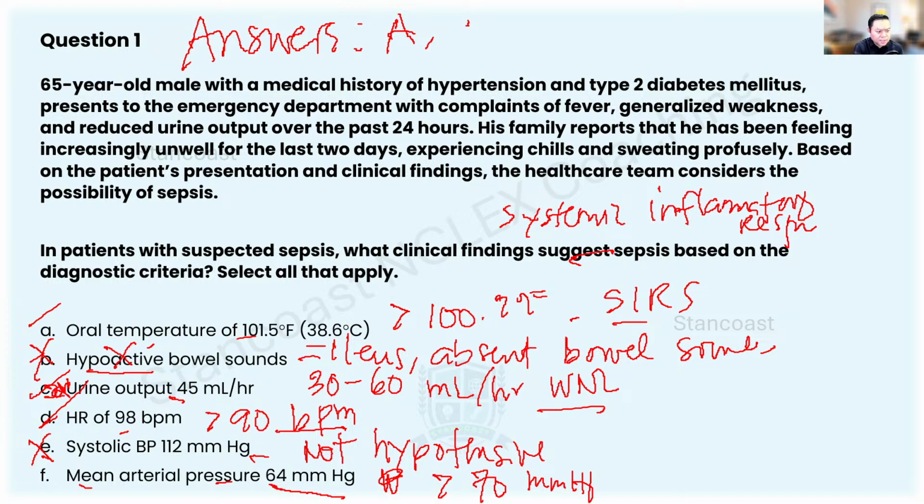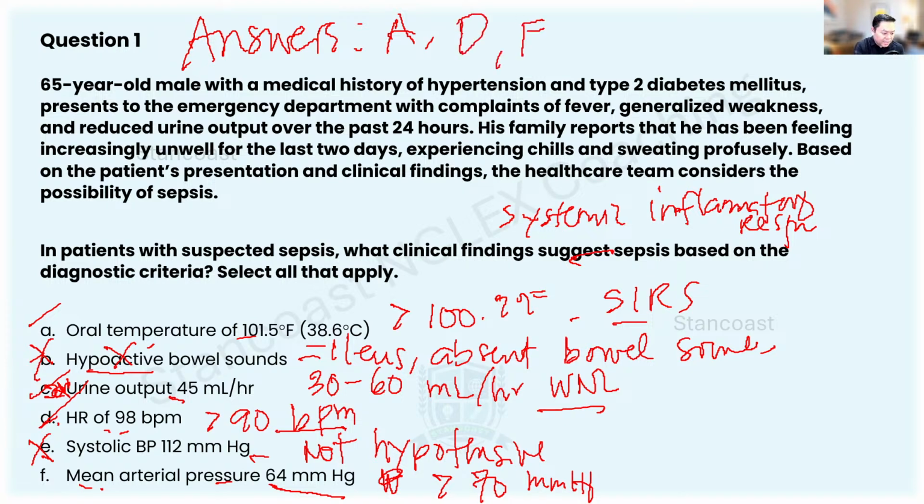What else? The mean arterial pressure, which is F, and letter D. Okay, let's not forget letter D. We are including the letter D here. So we have 3 correct answers in this test question. A, D, F.